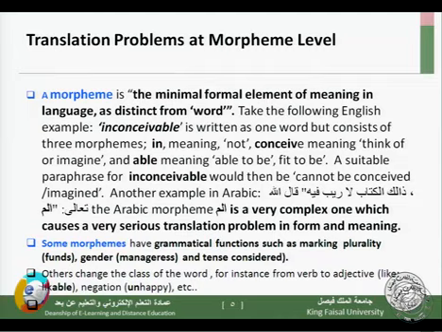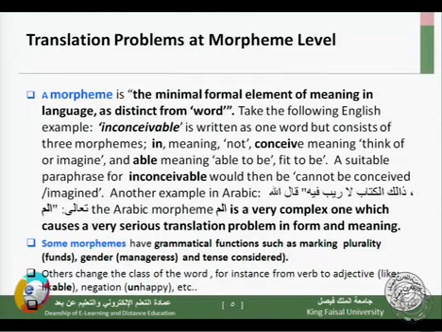Now, inconceivable is written as one word, but it consists of 3 morphemes. Imagine, one word consists of 3 morphemes. Now, these 3 morphemes, you can see with me here. Look at the screen. In. What does in mean here? It means not. See? So it is negative.